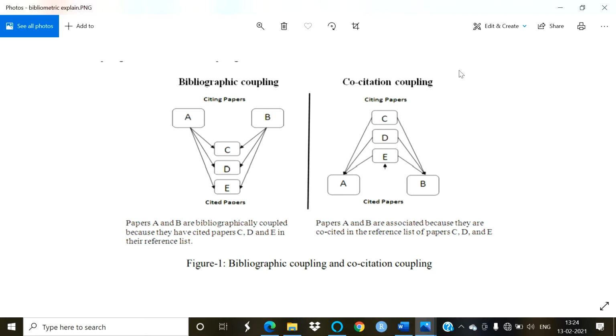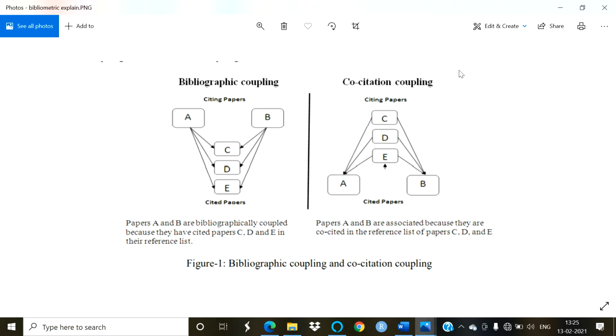There is a lot of confusion when separating these two concepts, but here I am trying to explain. Suppose Mr. C is going to write a paper. In the previous concept, two or more persons are writing the paper, but here we just want to talk about only one person.